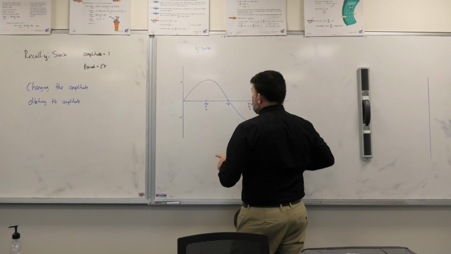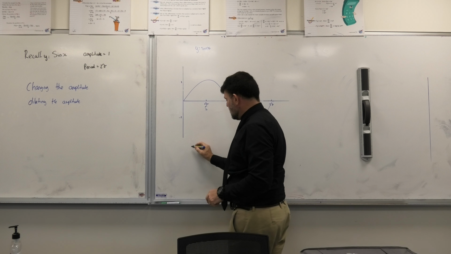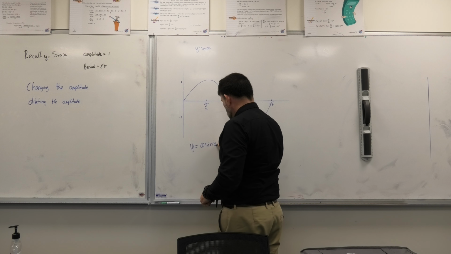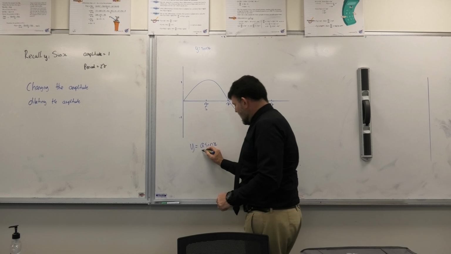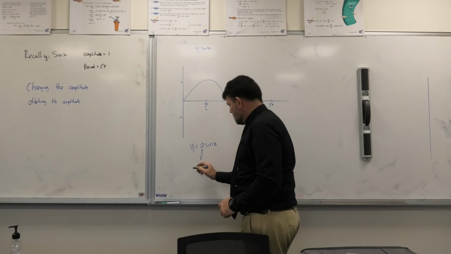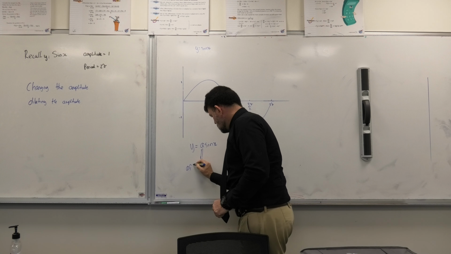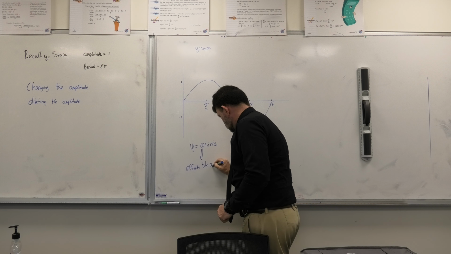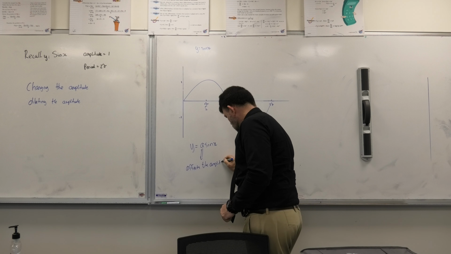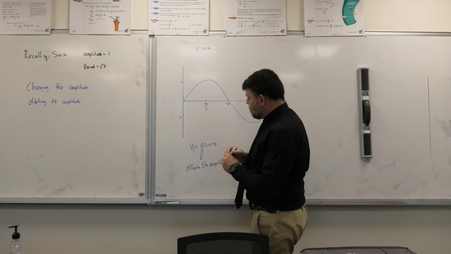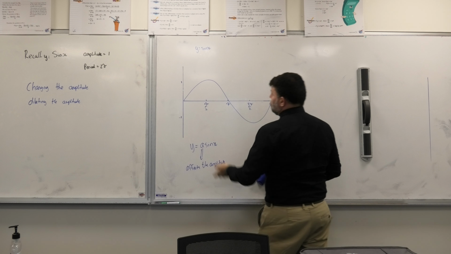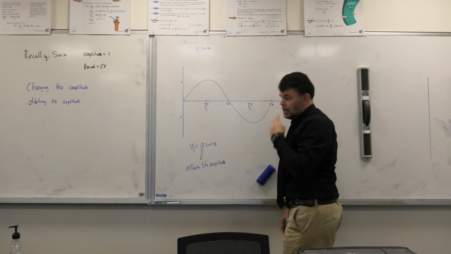So we can rewrite this equation y equals sine x as y is equal to a sine x, where a, if you recall from that last lesson, affects the amplitude. At this point, the amplitude of y equals sine x is 1, and that's why it's just y equals sine x.